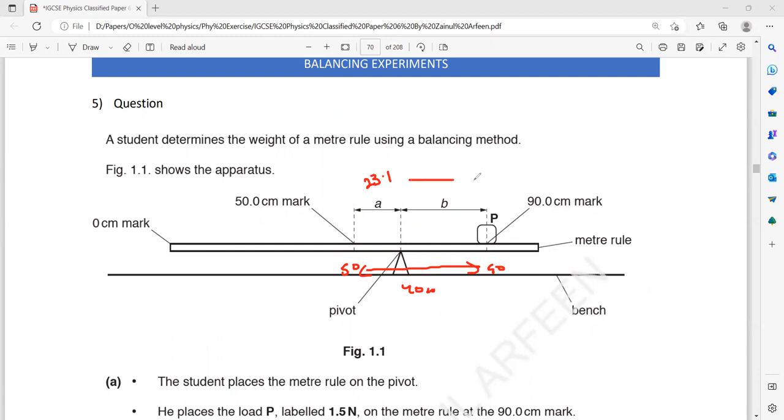So how much is the remaining distance? Out of 40, if this is 23.1, the remaining distance will be 16.9. So we just have to write here 16.9 centimeter.